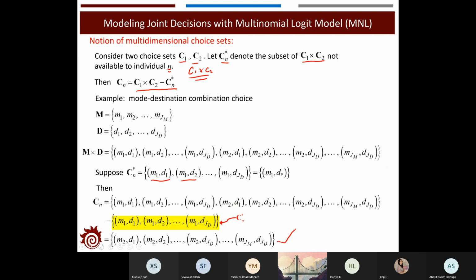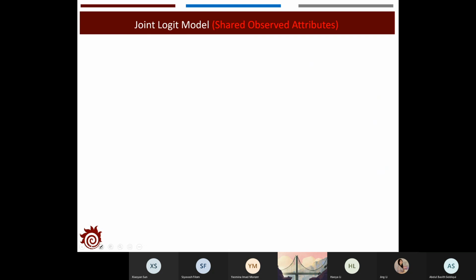So with that, we have the decision set for each individual, and then we can try to find out the model to estimate the probability for the individual n to choose the combination of the choice.